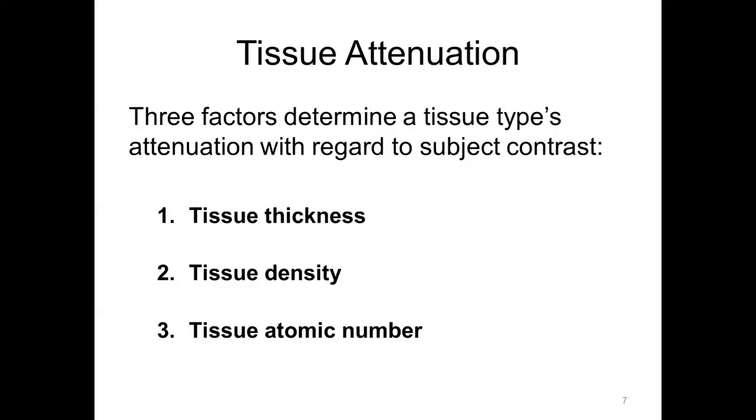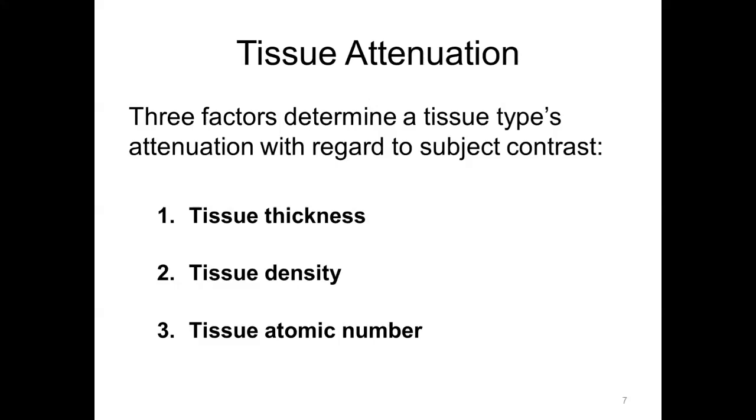All right, now that we have talked about attenuation, we need to talk about what causes it to happen. There are 3 factors that go into determining a particular tissue's attenuation in terms of subject contrast.